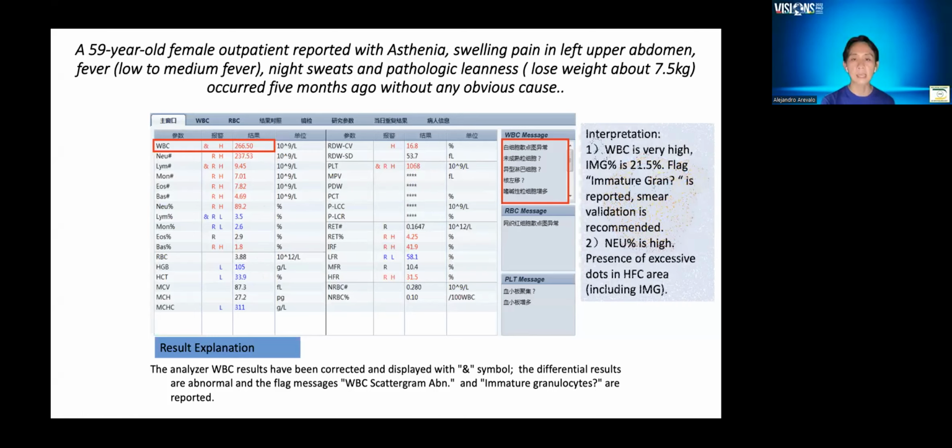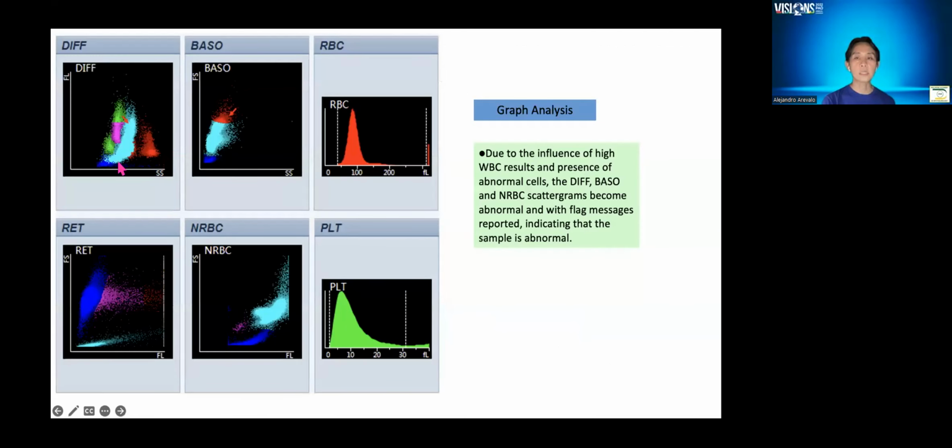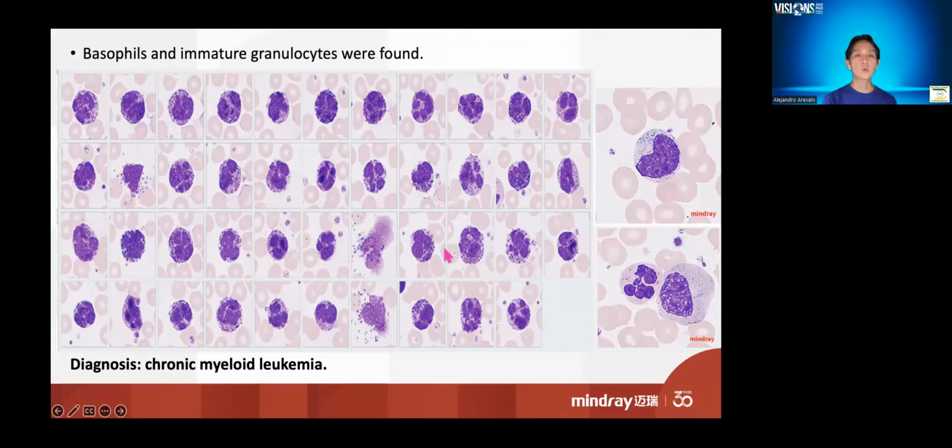Okay, so what is this case? This case is actually, and as you look at the histogram, take note that there are a lot of immature cells, immature granulocytes in the WBC histogram. Okay, looking at this, you have a lot of mature granulocytes.